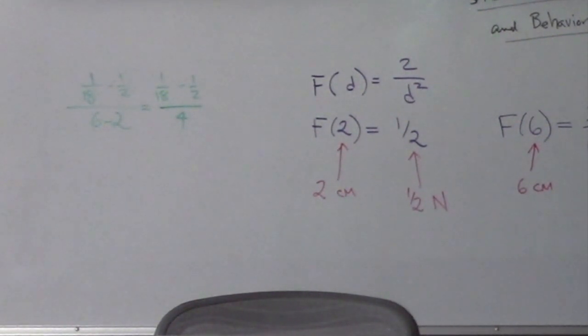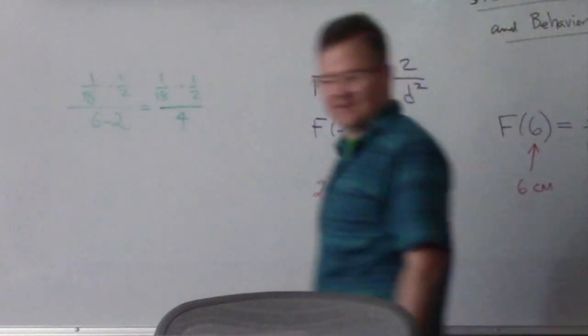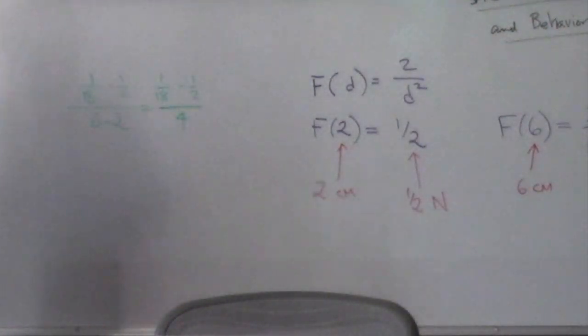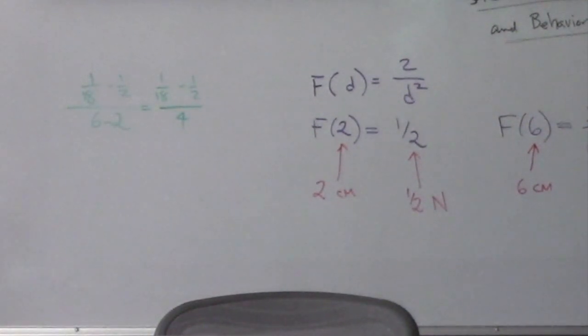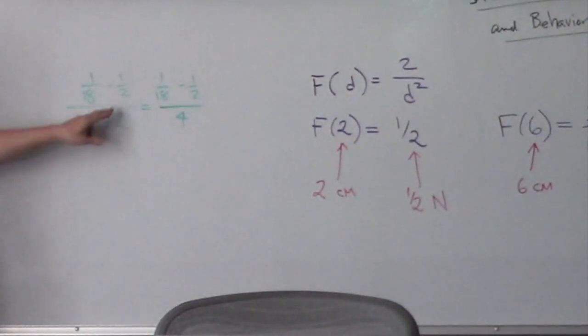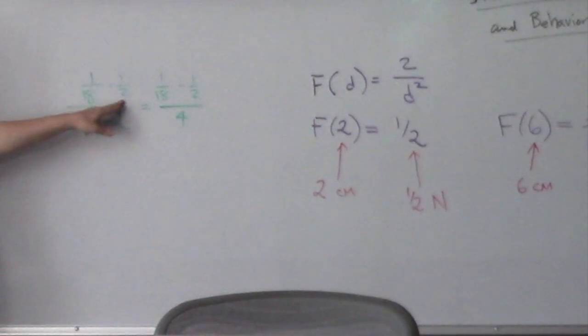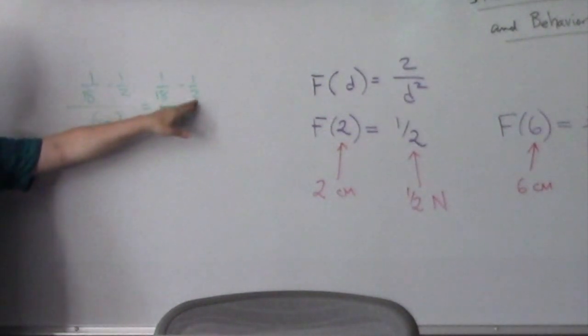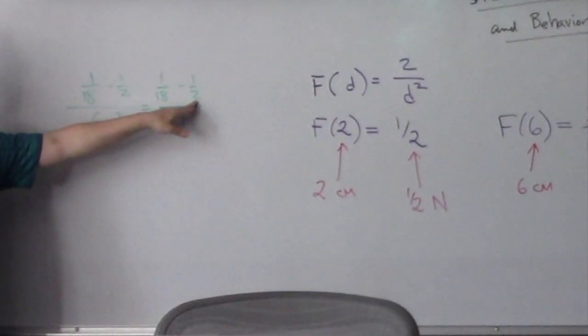This is a good chance to review that pre-calculus stuff. Like how do you subtract fractions? Yeah, find a common denominator. Common denominator is the key, right? What's the least common denominator between 18 and 2? 18. Yeah. 2 goes into 18. Right. So I'm going to need to modify this fraction so that the denominator is also 18.